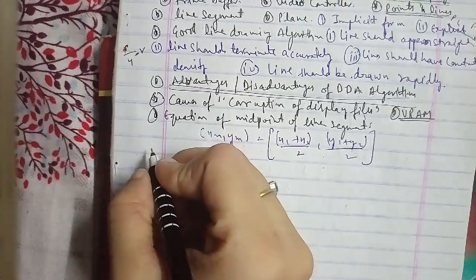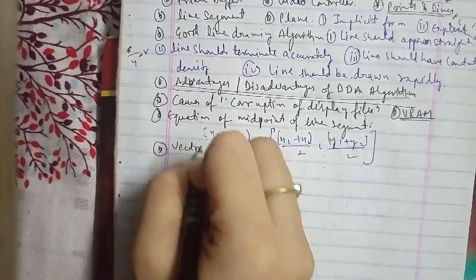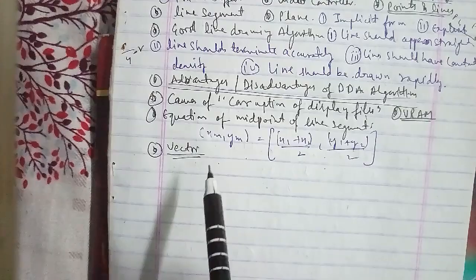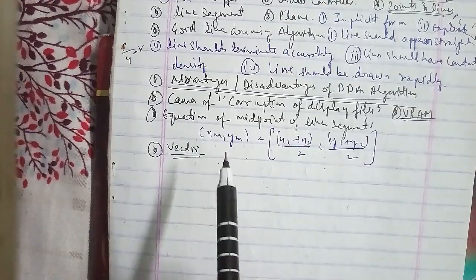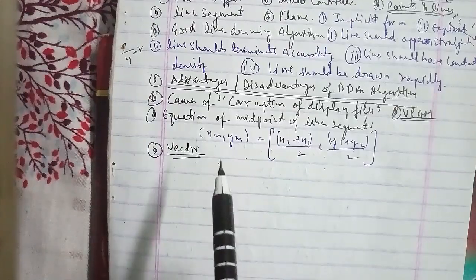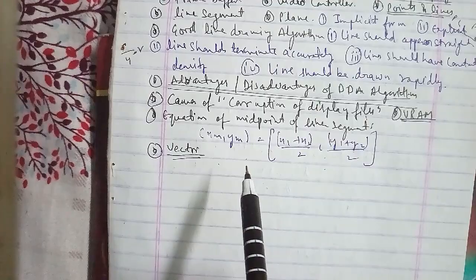As I told you, we define a vector here. A vector has a single direction and a length, and a vector may be indicated by dx and dy, where dx denotes the distance in the x-axis direction and dy denotes the distance in the y-axis direction.